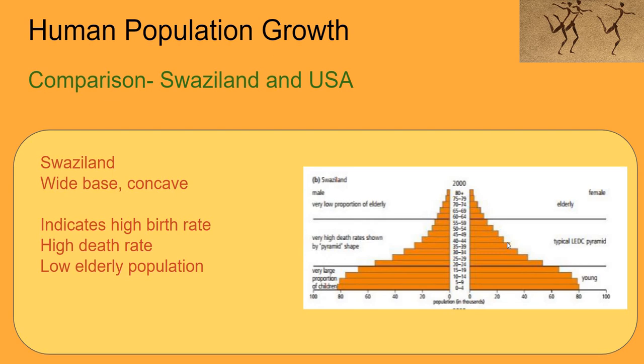Let's take a look at a pyramid and see if we can analyze this one. This one I put here is Swaziland in the south of Africa. You can see that it has a very, very large, wide base. That indicates not only are there a lot of children, but there's a very high birth rate. That's why there's a lot of children. You can also see that it's pretty steep and concave here, which indicates that we have a high death rate.